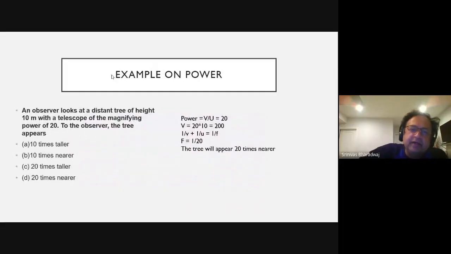An observer looks at a distant tree of height 10 meters with a telescope of magnifying power 20. To the observer, how does the tree appear? Magnifying power is also v by u.